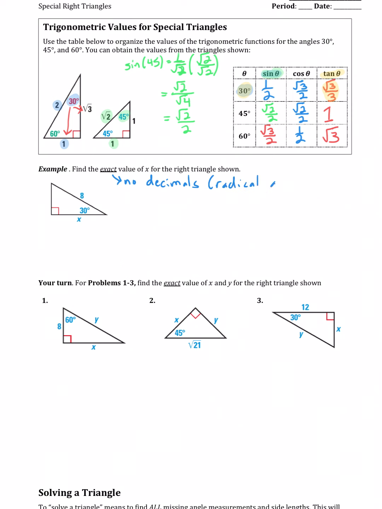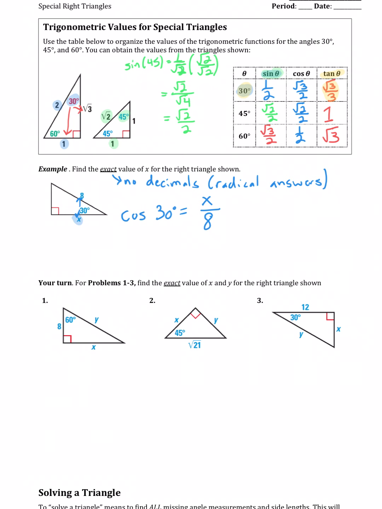Okay, radical answers. And I'm trying to solve for x here. I have to think about which trig function is going to represent, for this 30 degrees, adjacent over hypotenuse. Well, adjacent over hypotenuse, that's going to be cosine. So I could say cosine of 30 degrees equals x over 8.